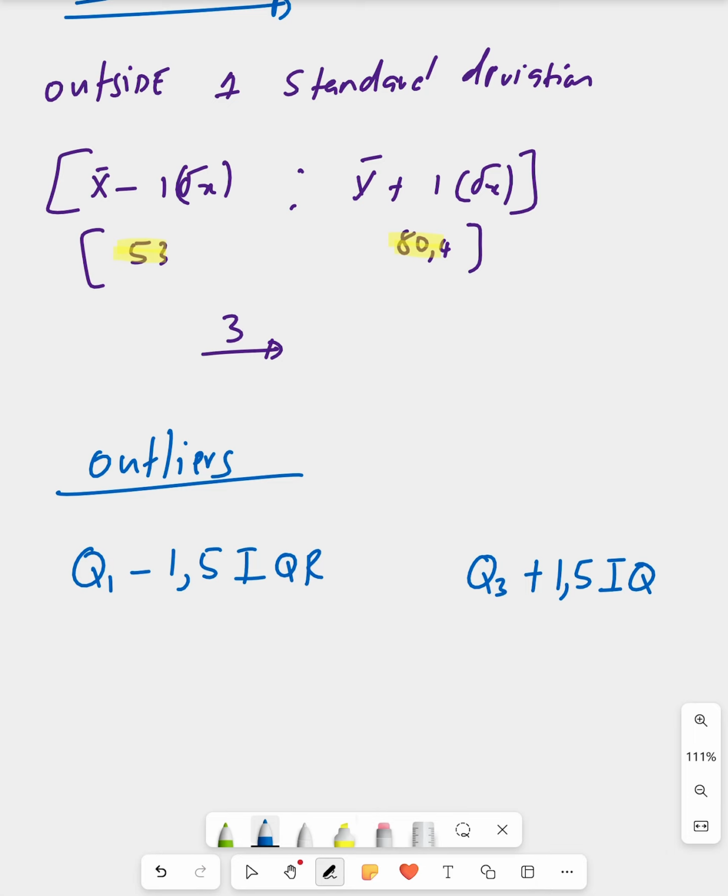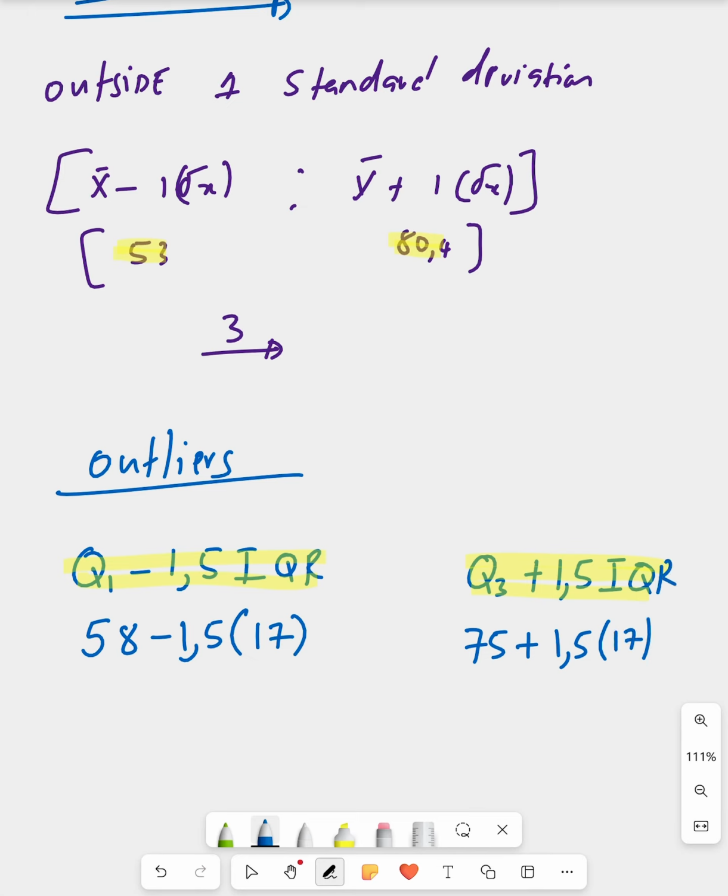Anything that is smaller than the first, or bigger than the second, is an outlier. If we go back to our calculations, our Q1 is 58, minus 1.5 times our interquartile range of 17. Our Q3 is 75, plus 1.5 times our IQR of 17.